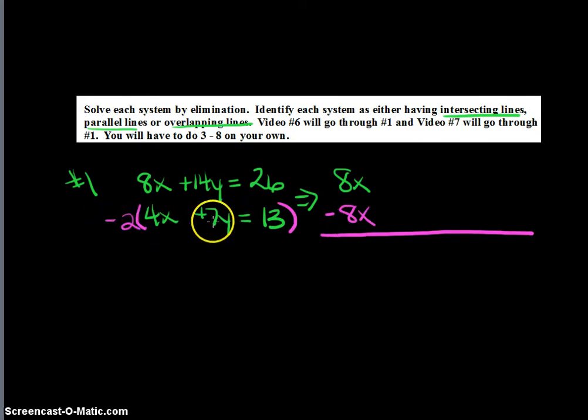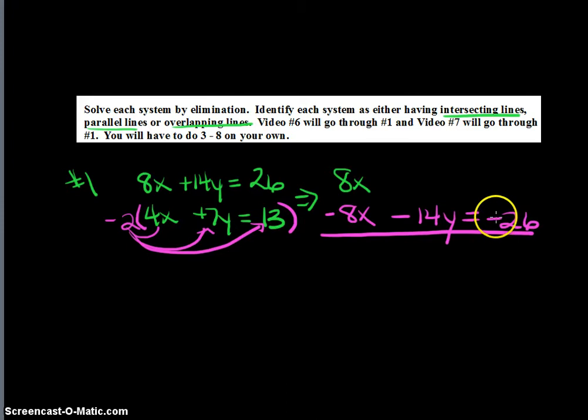Negative 2 times 4x is a negative 8x. Negative 2 times 7y is a negative 14y. And negative 2 times 13, I'm multiplying everything, is a negative 26. And because I didn't make any changes to the top, I'm literally just going to copy it down.